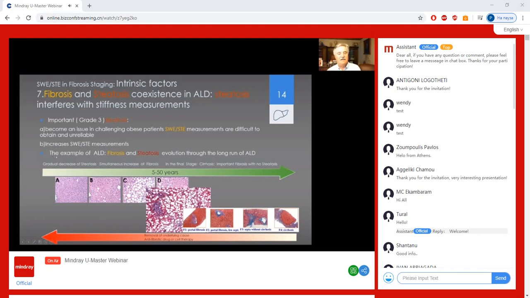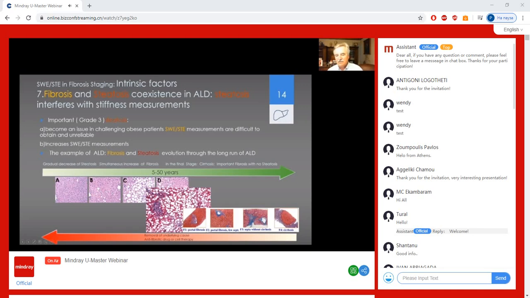Let's explain a little bit more with the example of alcoholic liver disease, and compare how fibrosis and steatosis evolve through the long run of ALD. Starting from the normal liver, the ALD patient starts to present steatosis more and more.